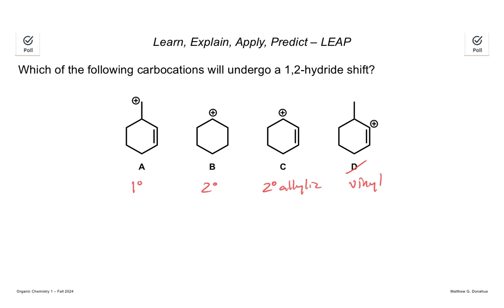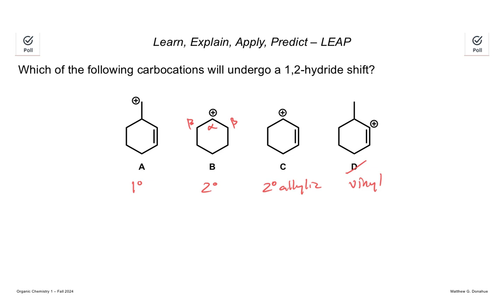So let me draw this out a little bit. Do you think choice B would undergo a rearrangement? If we look at B, there's the alpha carbon, there's beta, and beta, they're the same. The only thing that could happen is if a hydrogen moved over, you'd form a secondary. So it's really not gaining anything through that.